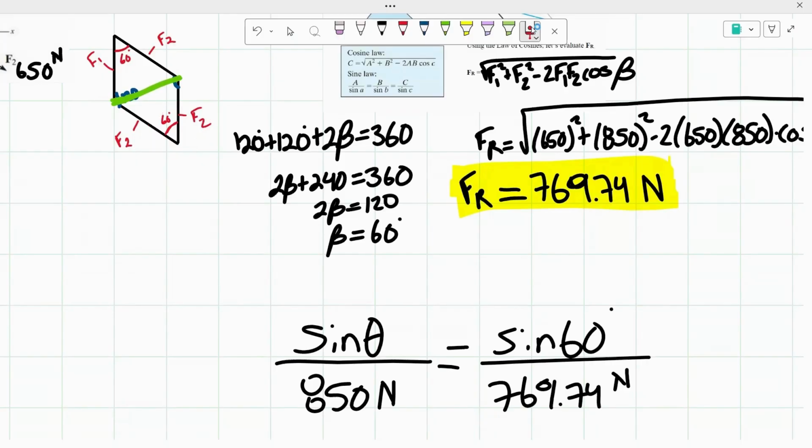And then we're using f of 1, and the opposite angle is what we're trying to find.